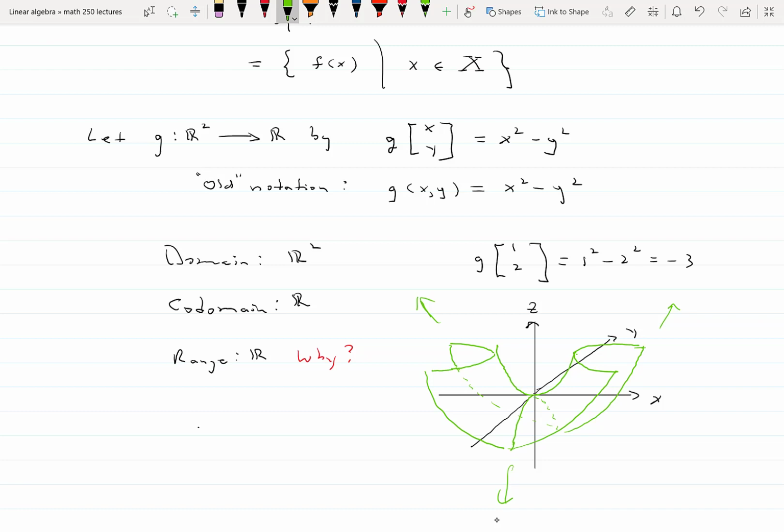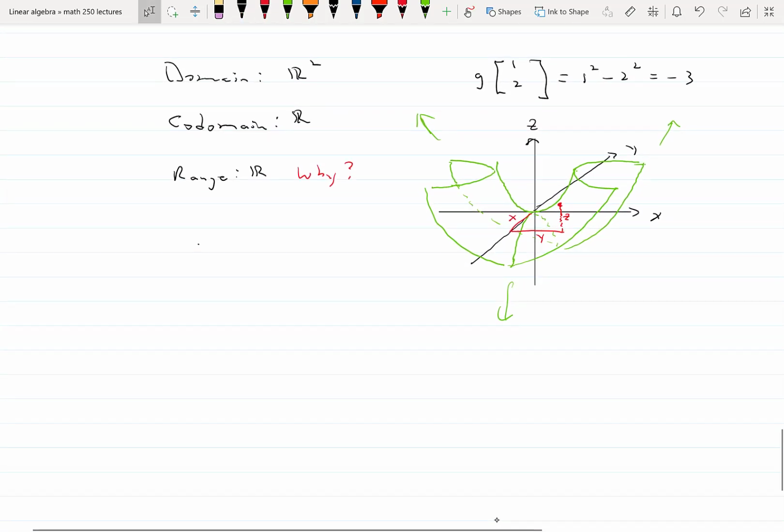You take an x-coordinate and a y-coordinate, and you go up to the surface for the z-coordinate, x, y, z, where z equals g of x, y. Every possible z value happens: positive z values, negative z values, and 0. The function takes the origin and turns it into 0.